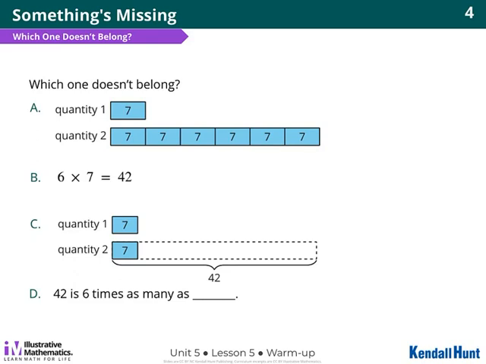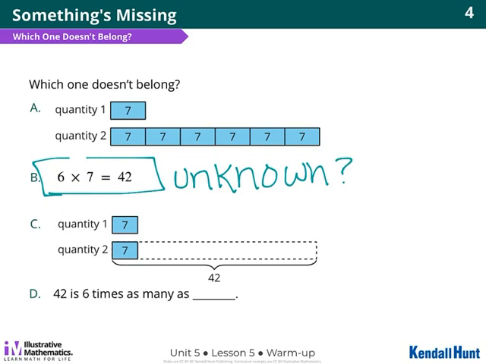And B is that we don't know where we got the unknown. And on this one it doesn't finish the problem, and this one we don't have the times as many. Okay.